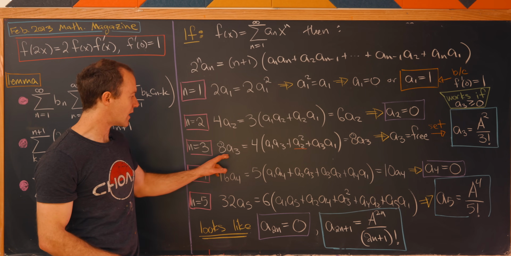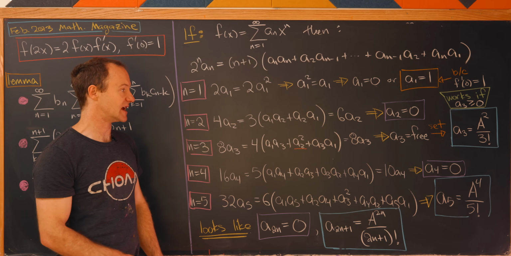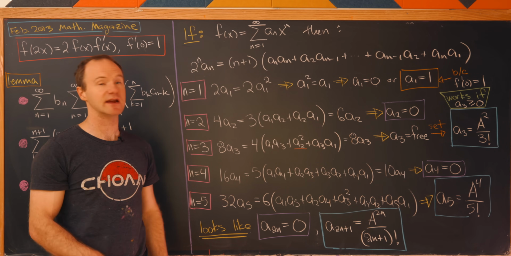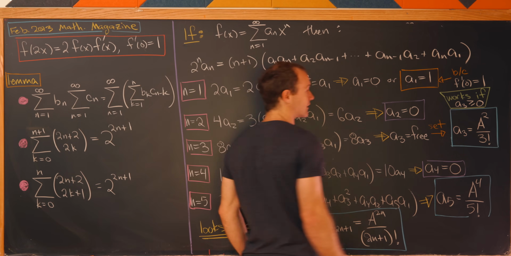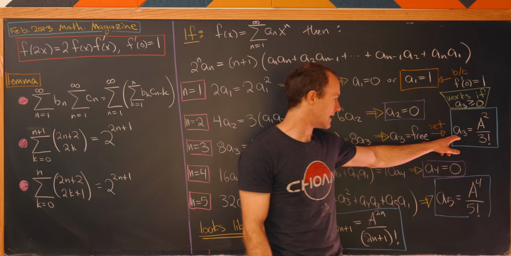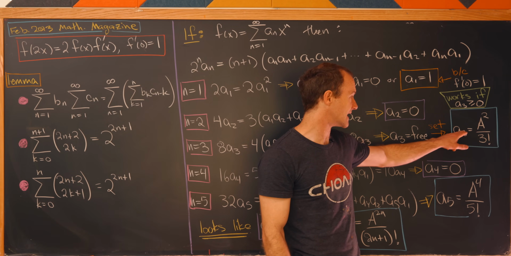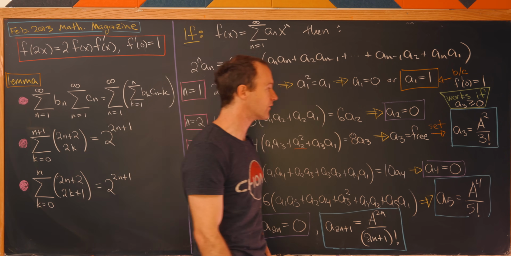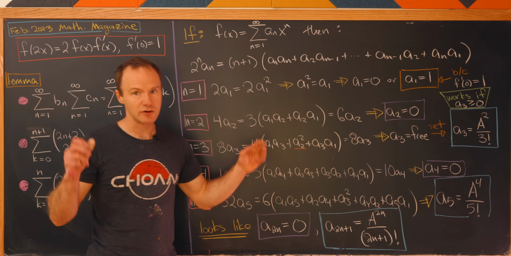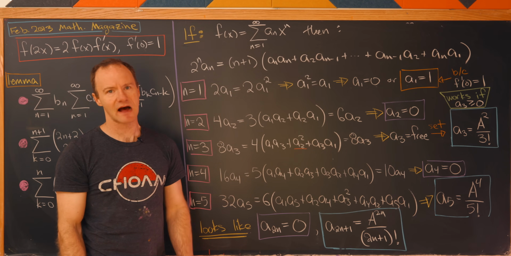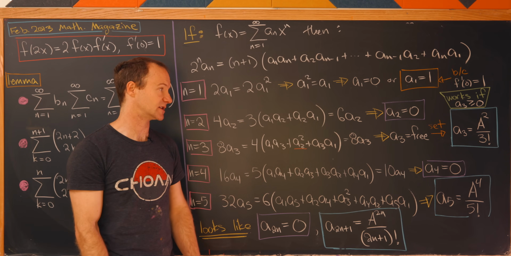But that gives us the equation 8a3 equals 8a3, so it looks like a3 is a free variable. And now if a3 is bigger than or equal to 0, then we're able to express a3 as capital A squared over 3 factorial. And so I've included the 3 factorial in there in the denominator to make everything work out nicely.